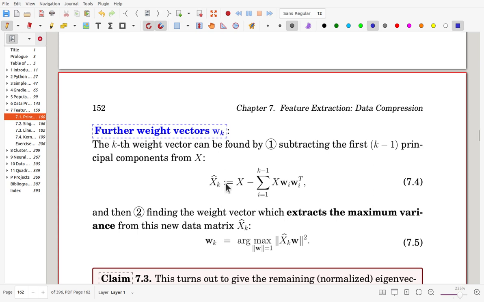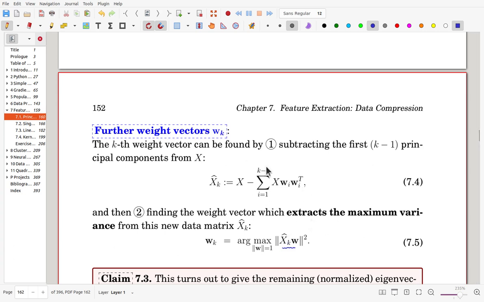Now, from this new matrix, we try to extract the maximum variance. So here, the weight vector W is multiplied, and we want to find the W such that this one is maximized. The maximizer is called Wk. In this way, recursively, we try to find the Wk.